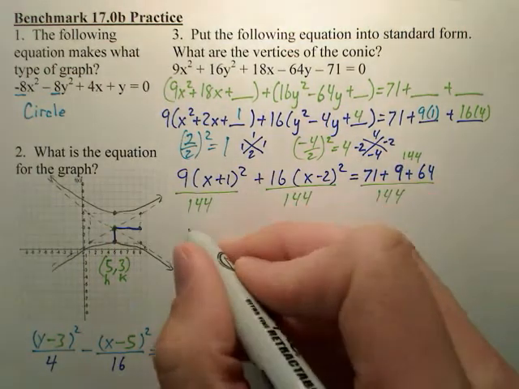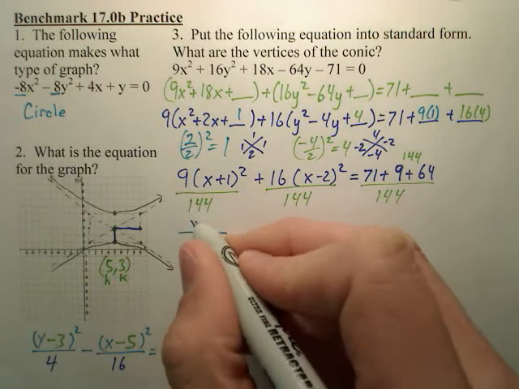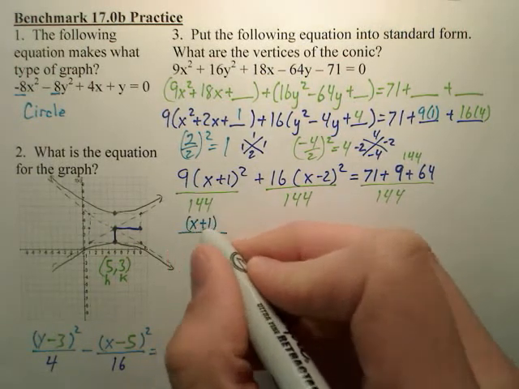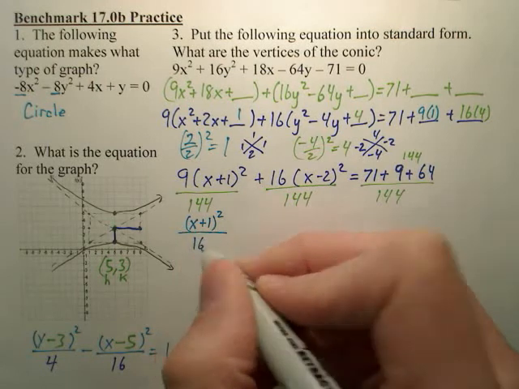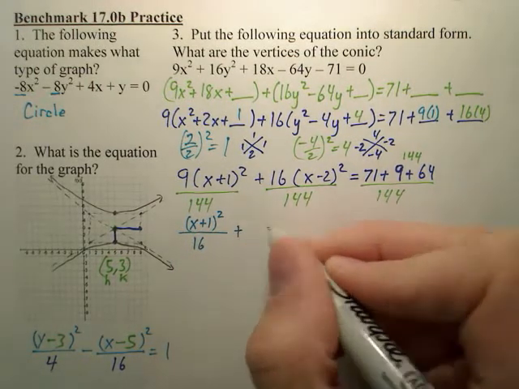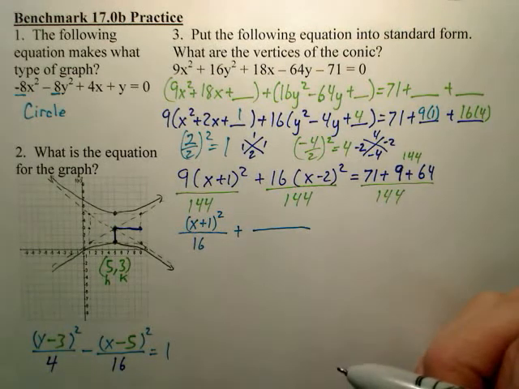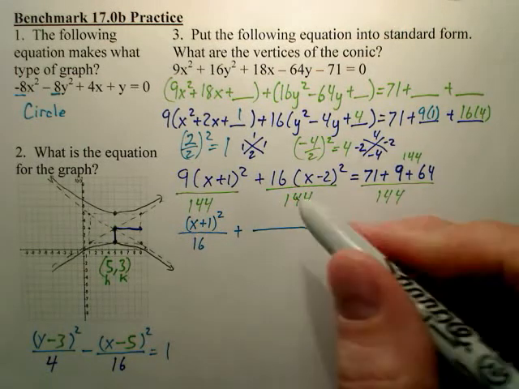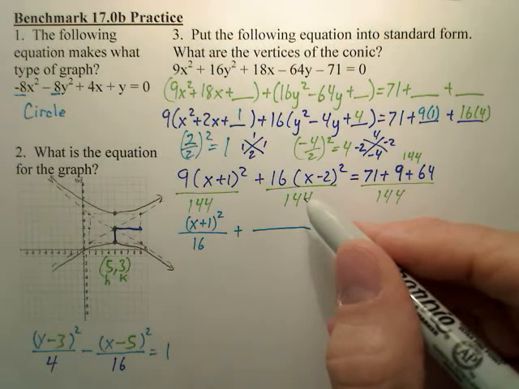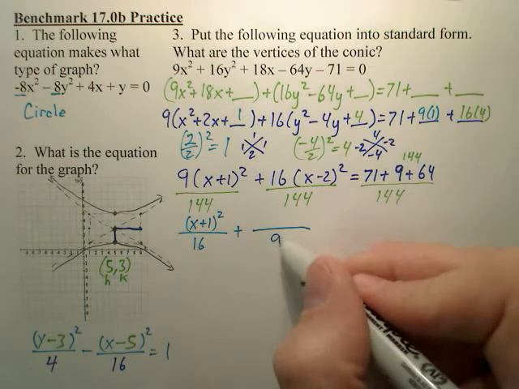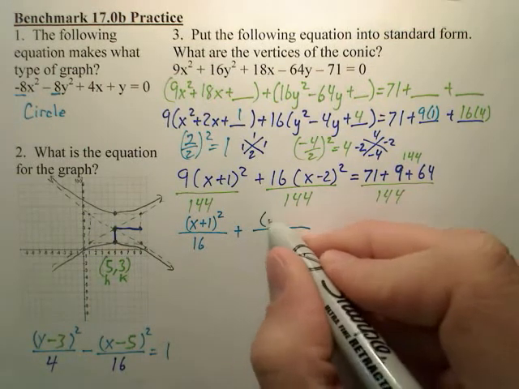I think this is 16. I think this is x plus 1 squared. I think this is 16. I'll have to double check that. And 16 times what gives you 144? Well, let's see, I think that would be 9. We'll have to check that as well.